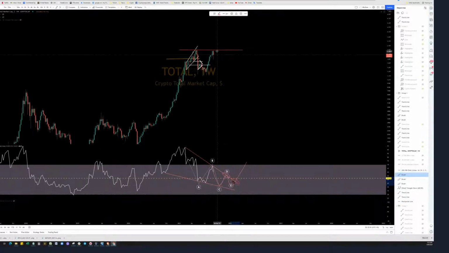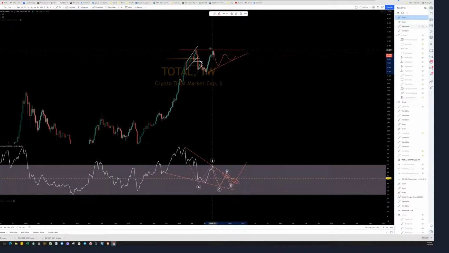So this might just play itself out, and it could be some sort of consolidation under this major resistance, which is the all-time high for the total market.